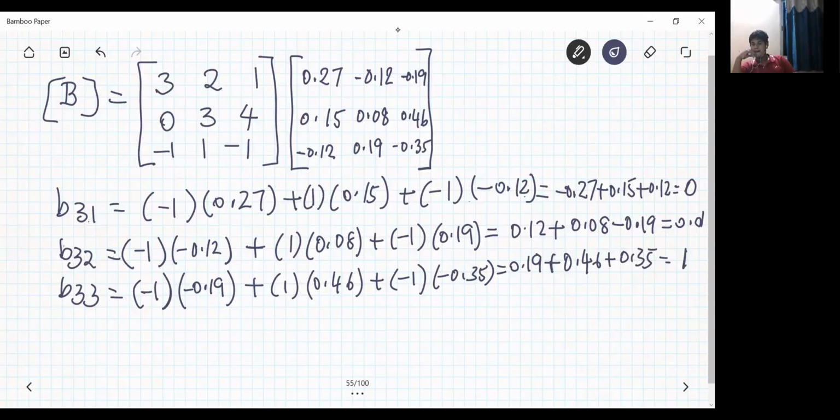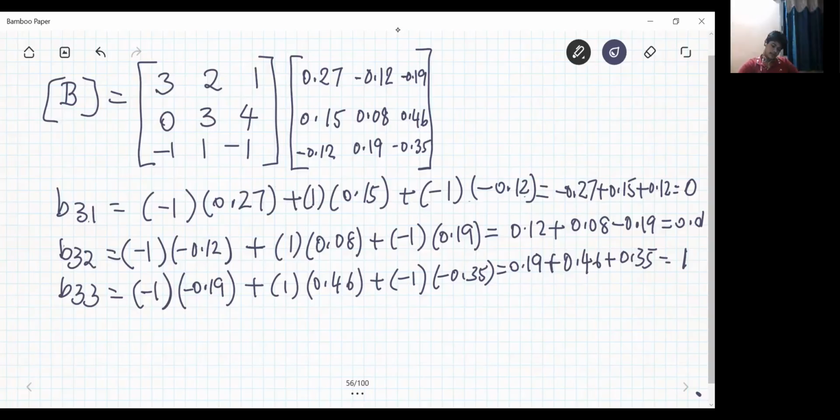So now you can write what is the matrix B. Write matrix B is equal to, you fill up this one. 0.99, minus 0.01, 0, that is in the first row.